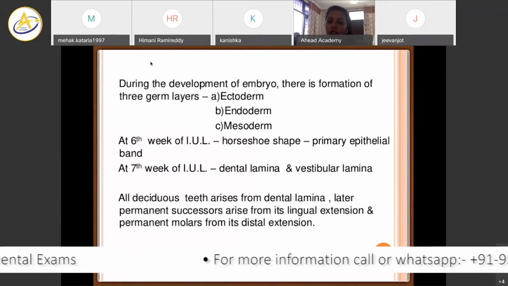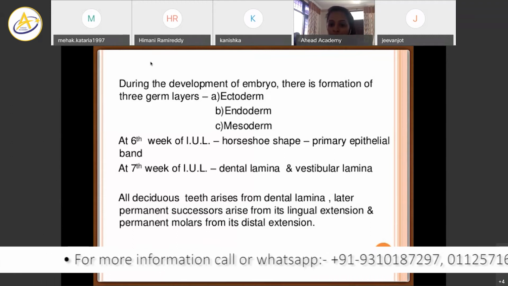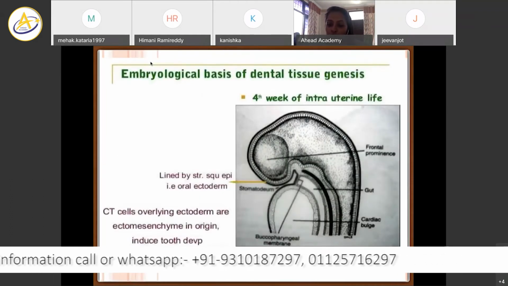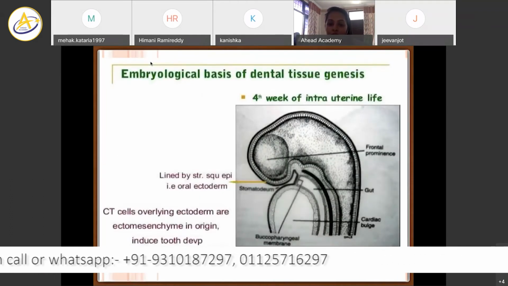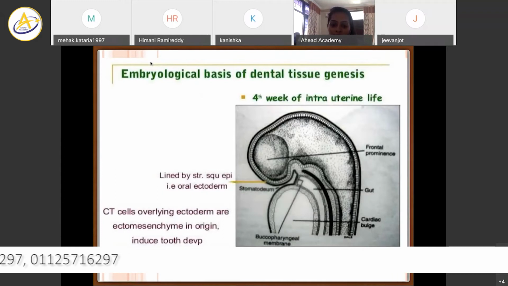Talking about the embryological basis of dental tissue genesis, this is what we talked about in the last class when we were discussing the oral mucosa. Around the 27th day of gestation, you have the buccopharyngeal membrane here. I'm going to annotate this for you.